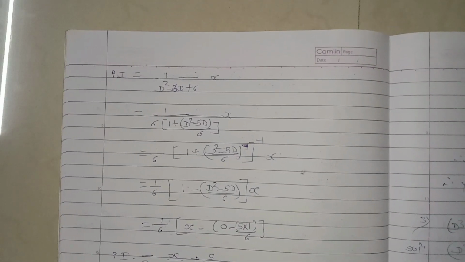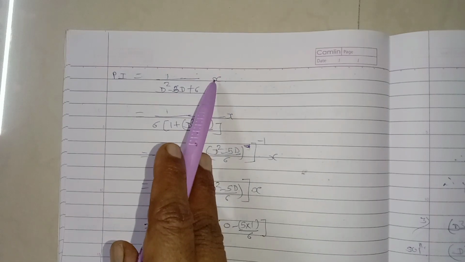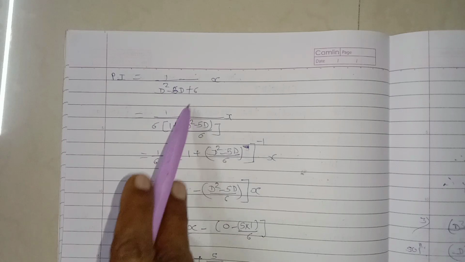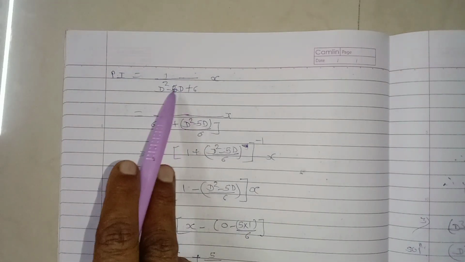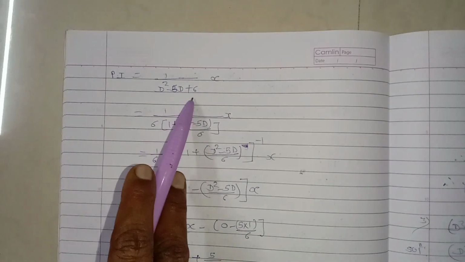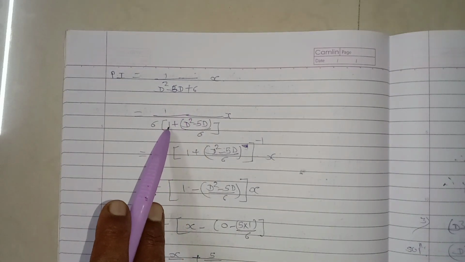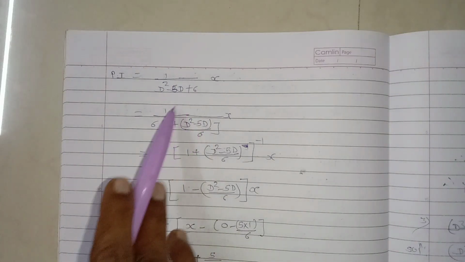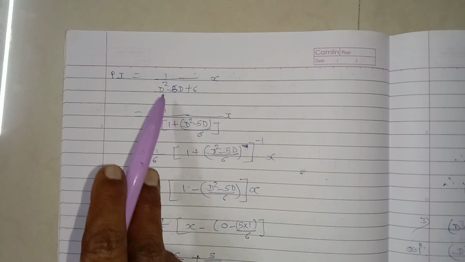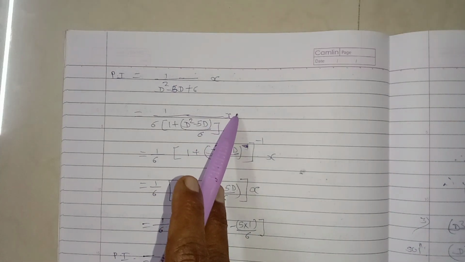Now we consider the particular integral. Particular integral equal to 1 upon D square minus 5D plus 6 operated on x. By theory, we write this f(D) in ascending powers of D. That is, we take the constant outside, so that we write this f(D) in the form of 1 plus or minus 5D. So we take 6 outside the bracket. So in the bracket we get 1 plus (D square minus 5D) upon 6, operated on x.